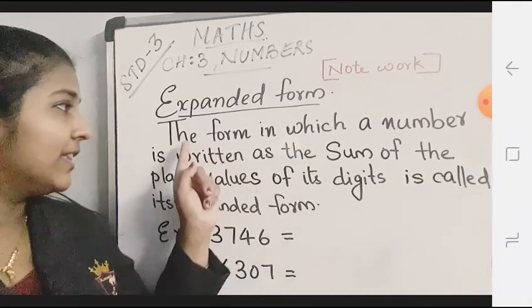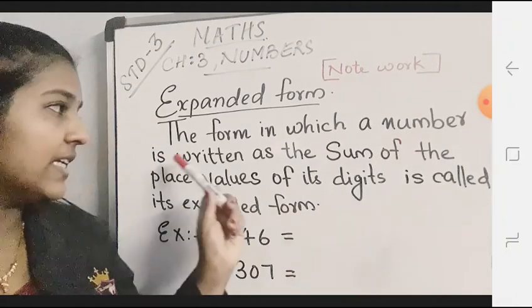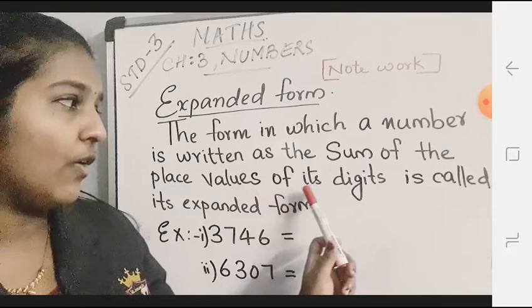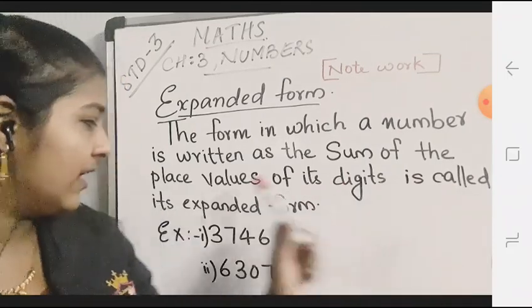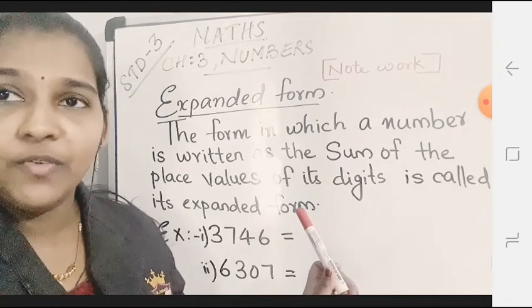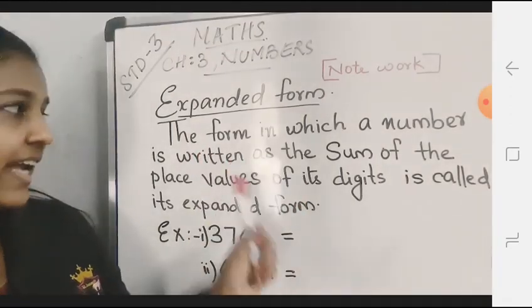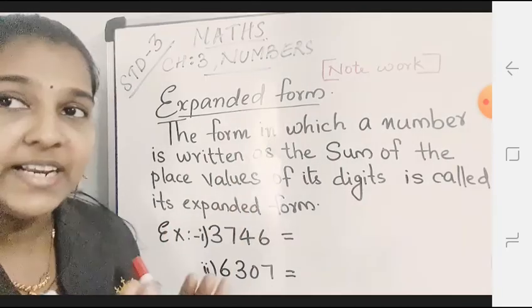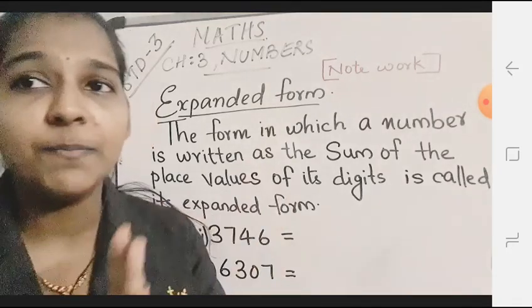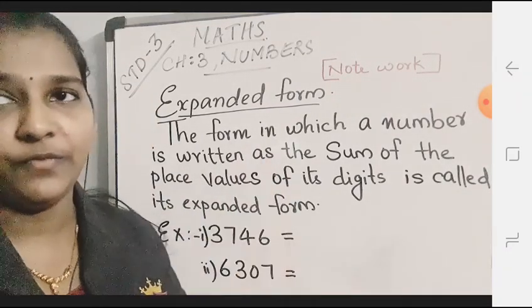The form in which a number is written as the sum of the place values of its digits is called its expanded form.